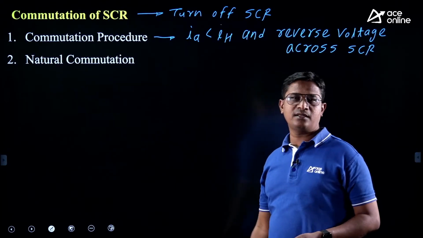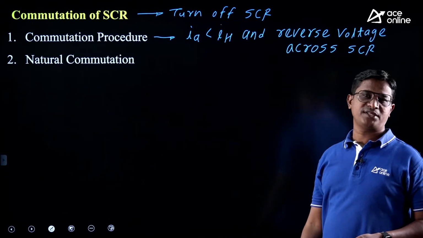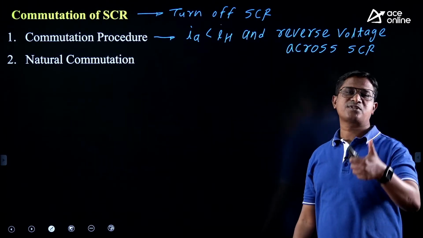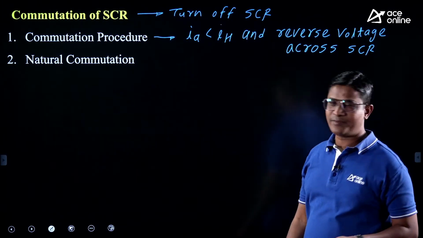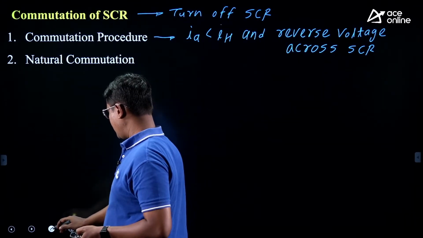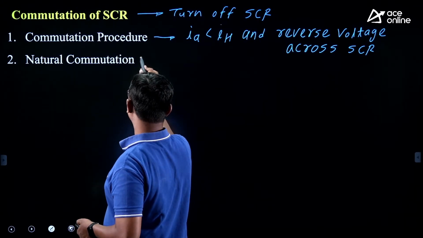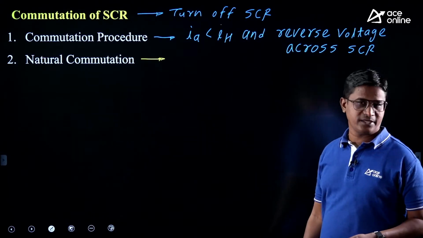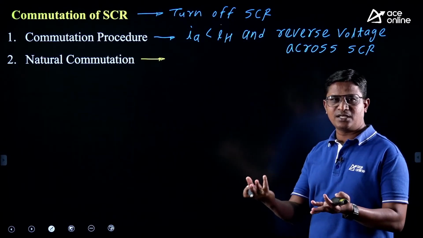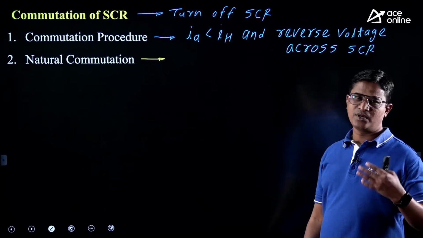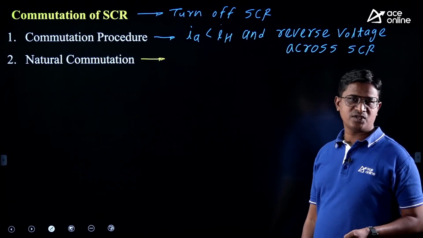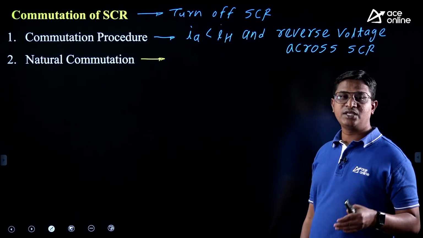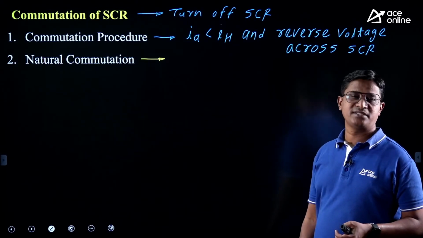All right. Next, which are the different types of commutation? Natural commutation, forced commutation and load commutation. Natural commutation is possible or used only in converters or circuitry where the input is AC. In which converters is the input AC? AC to DC converter, that is a rectifier. And AC to AC converter, that is AC voltage regulator.